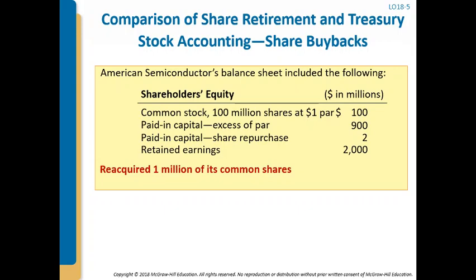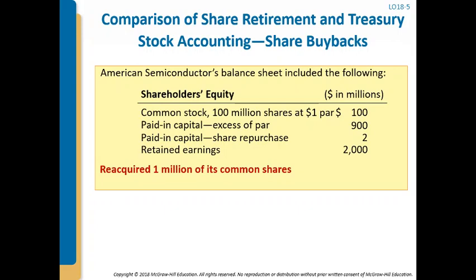We've got common stock, 100 million shares at $1 par, paid in capital in excess of par 900 million. So you've got $1 par value, and then the paid in capital in excess of par means that you've got $9 excess of par value per share.